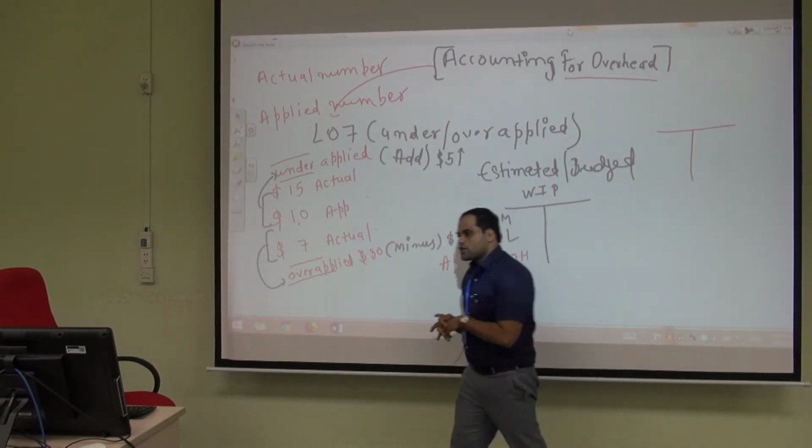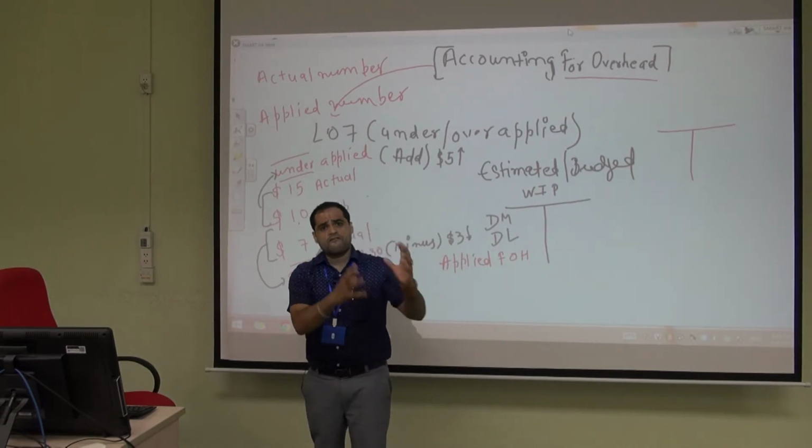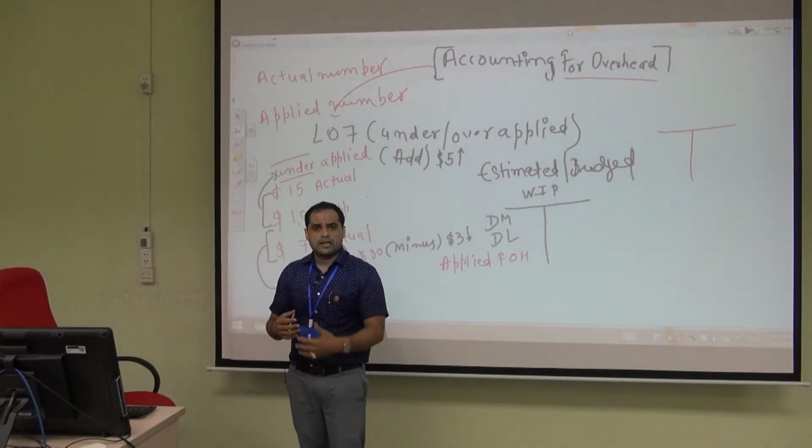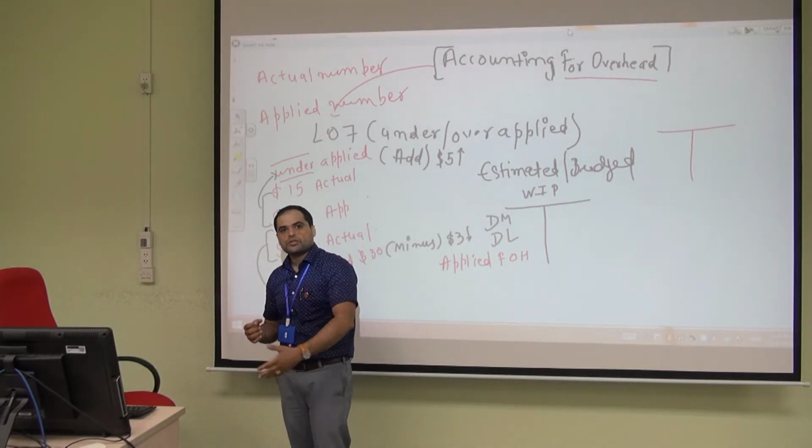So now the question is where you will increase or decrease, because you are preparing various accounts: direct material, direct labor, factory overhead, working process, finished goods, cost of goods sold, and so on.